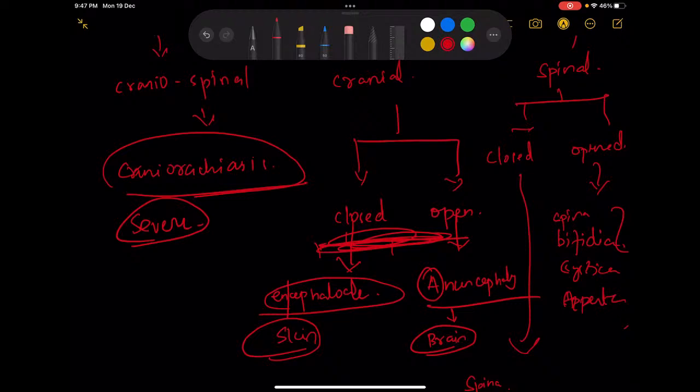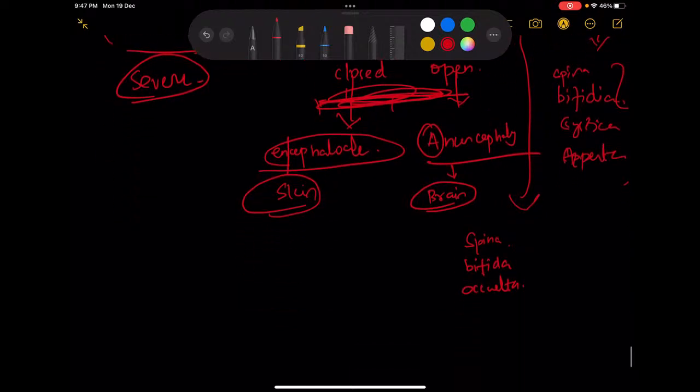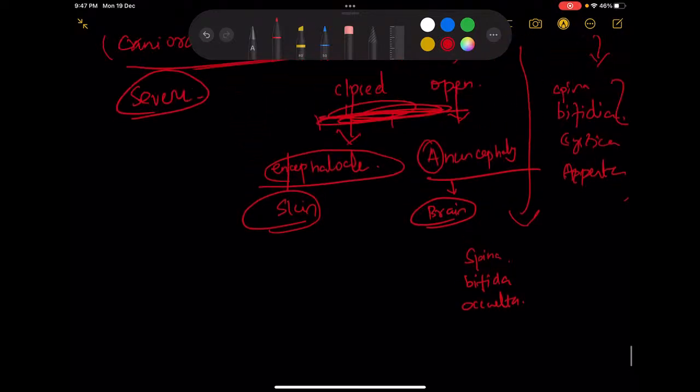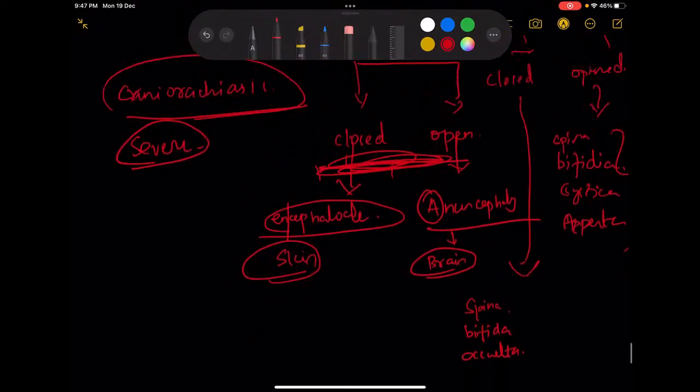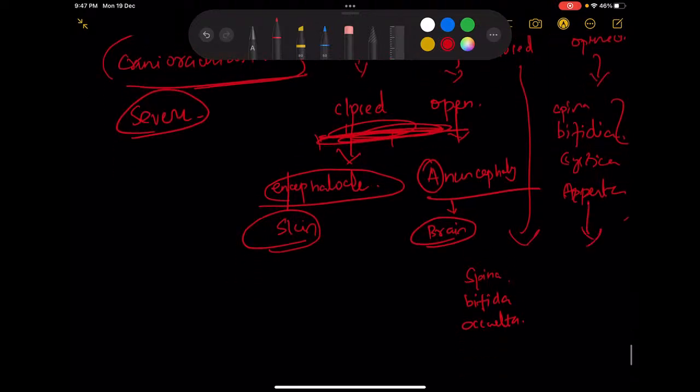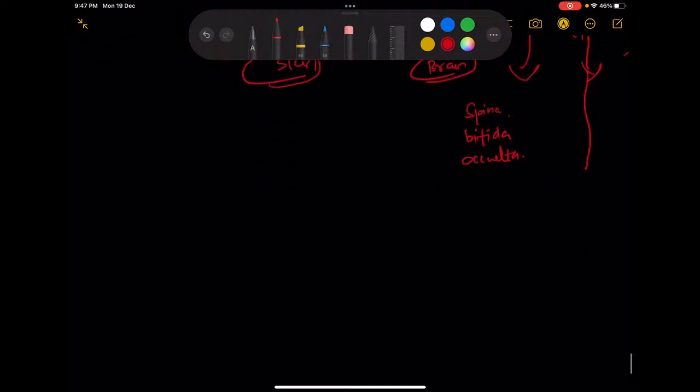Next one is spina bifida cystica. The open spina bifida cystica or aperta is divided into two types.